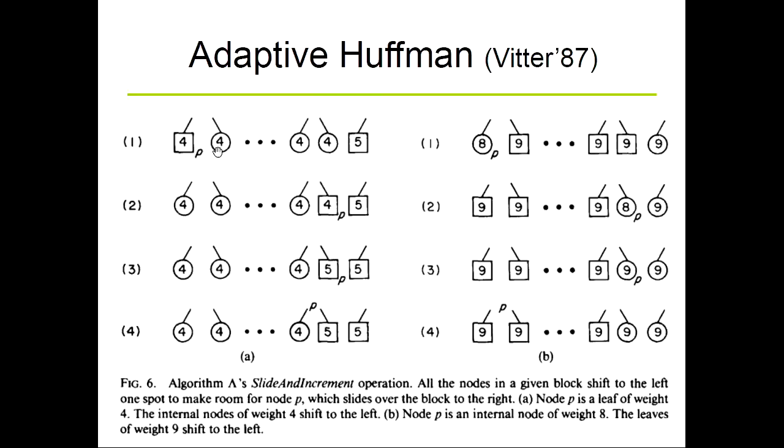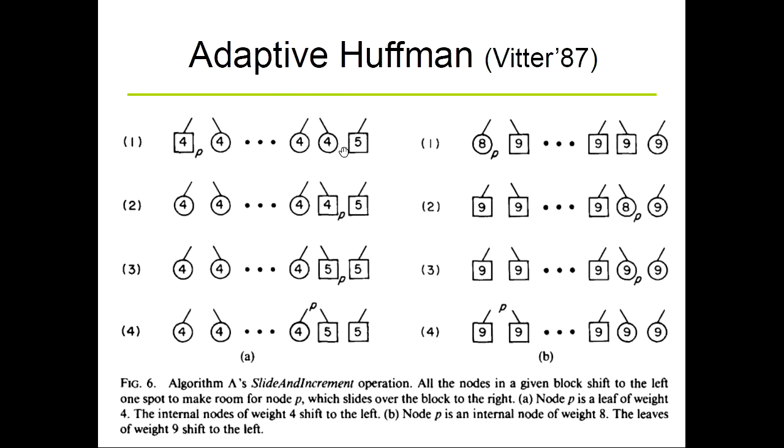So when I try to increase this 4 to 5, what I'm going to do is shift, or swap. Actually, in the Vitter case, it's a shift: you slice it and insert this just before all the internal 4s, because you're going to increase this 4 to 5.